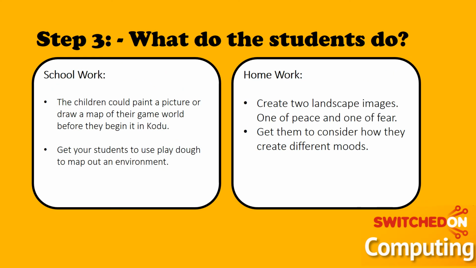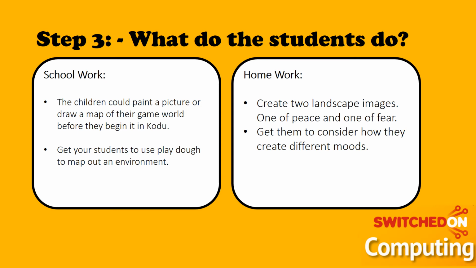So the next video you're going to see is going to introduce how to use the landscape and show the world. But what the children can do is they can, again, paint a picture or draw a map of their game world if they haven't done it for homework. But you can also get them to use Play-Doh in a lesson and work together. Maybe if they're a game design studio, they'll want to combine all three of their ideas that they did for homework so that they've got a happy medium.